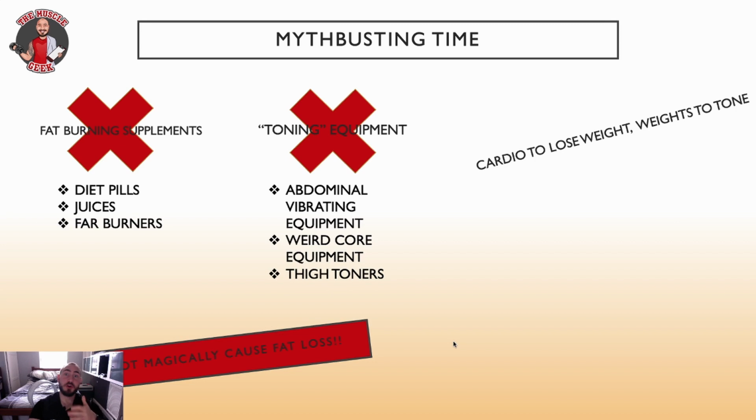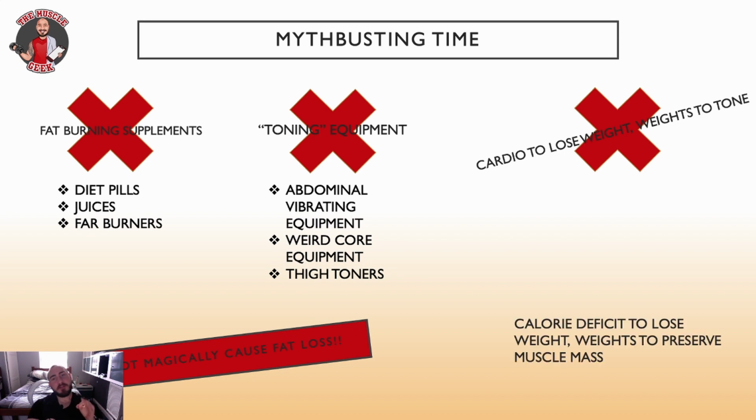You may have also heard you want cardio to lose body fat and weights to tone it up. No. Calorie deficit is what you need to lose weight. You want to use weights, resistance training, to preserve the muscle mass you already have.